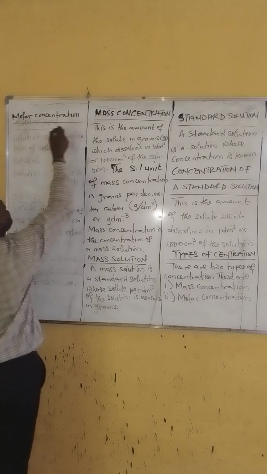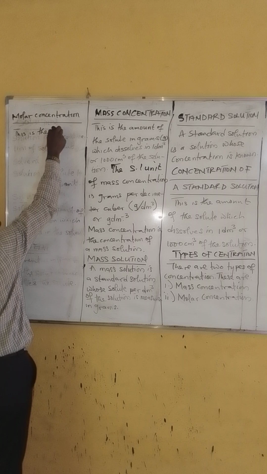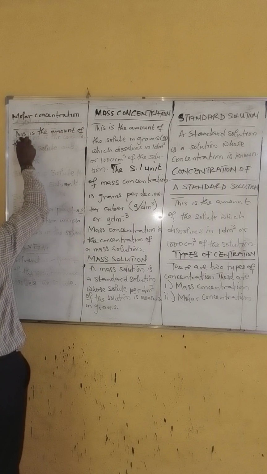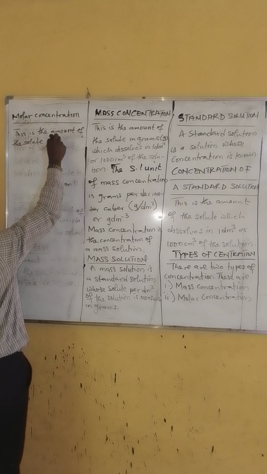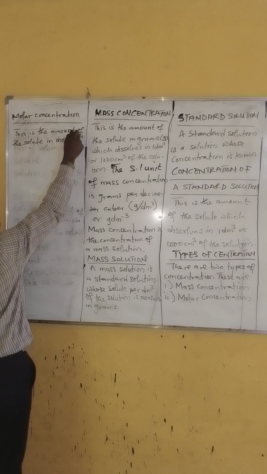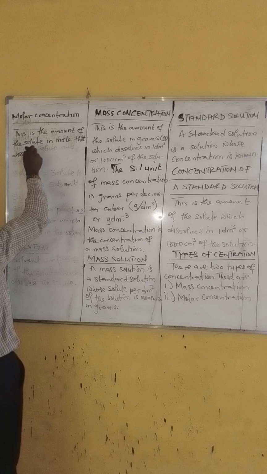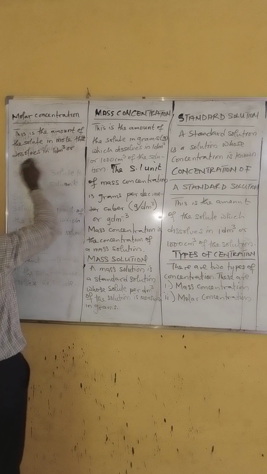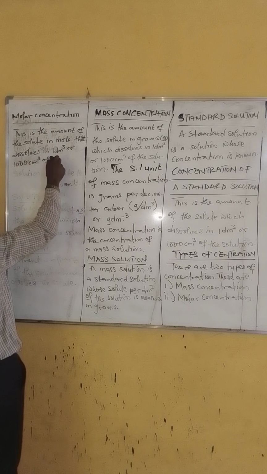Molar concentration is the amount of the solute in mole that dissolves in 1 dm³ or 1000 cm³ of the solution.